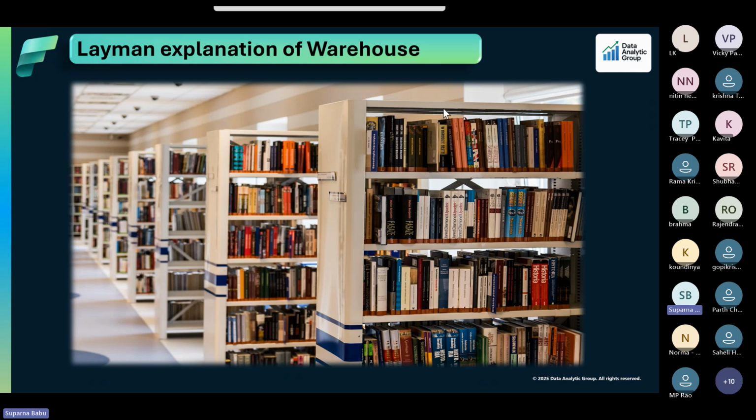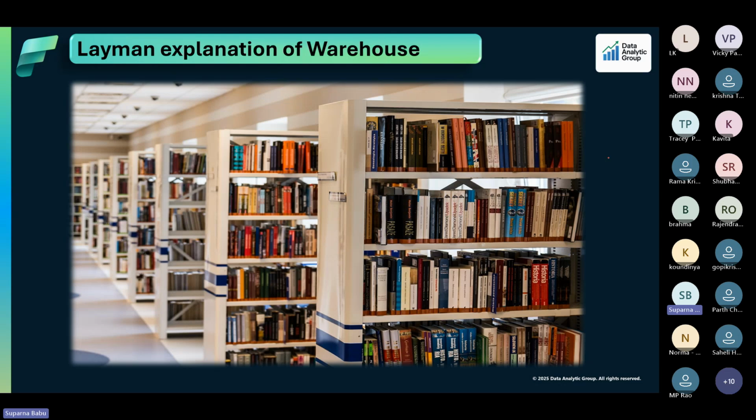If you remember, all of you did your graduation, irrespective of whether it was engineering, BCom, or BSc. In your degree colleges, you will have a library. If you go to the library and want to take a commerce book, it will be well organized and well structured. When entering the library, there will be signboards: this is the commerce rack, this is the electrical rack, this is the computer science rack, and this is the electronics and communication rack.